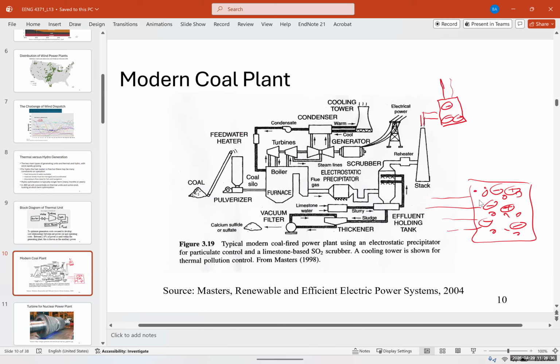Now what happens, these particles, they usually have positive charge, and when they reach this negative charge, they're gonna stick to it. Okay, so it's gonna be like a black powder dust that sticks to this plate, and they have these big hammers. Imagine that you have a big hammer, and you hammer this, and all these dusts drop down in a bucket, and then you discard that bucket.